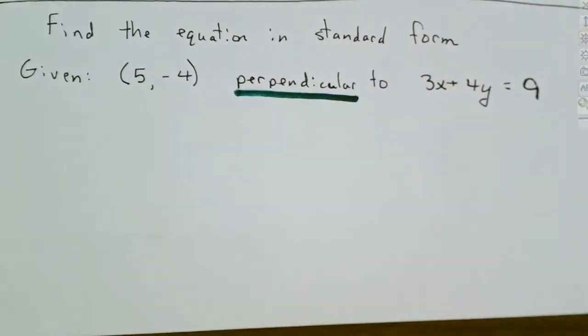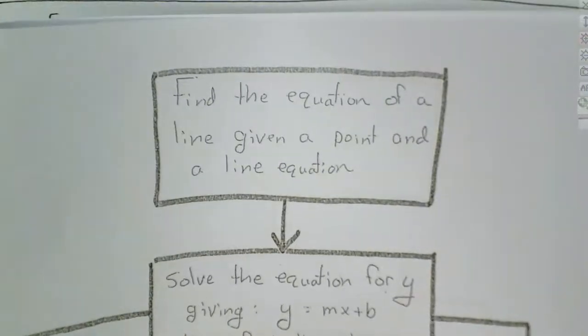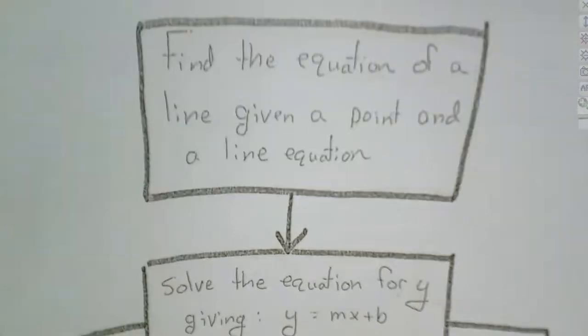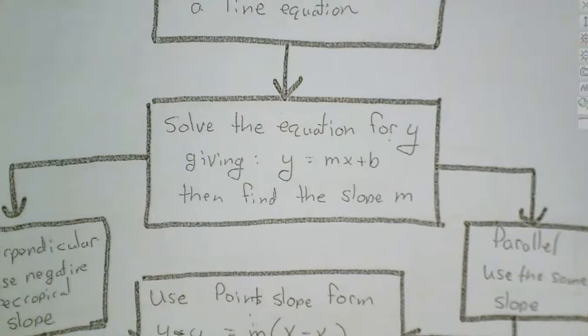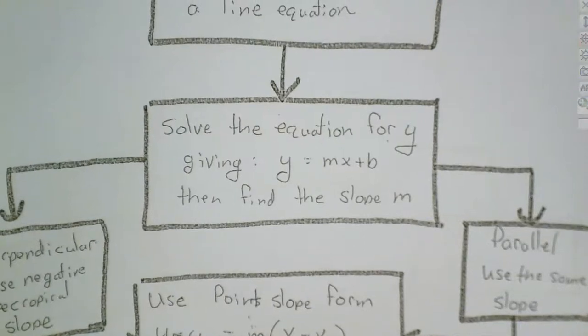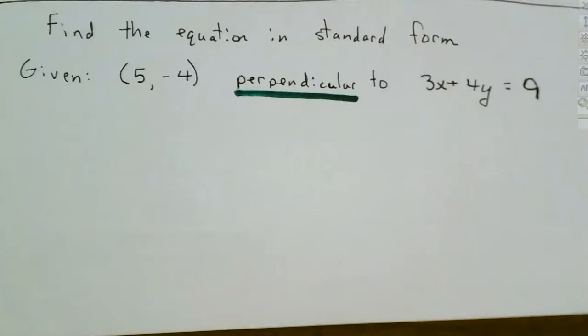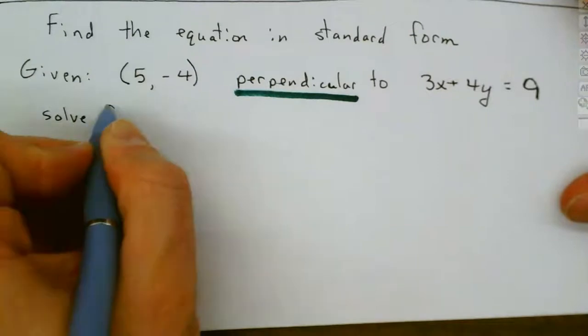We're going to follow the flow chart. Last page. So, find the equation of a line when you're given a point and a line equation. So that's what we have. What does it say to do? It says you take your equation and you solve it for y, and you find your slope. So let's do that. So the first step is going to be solve for y.